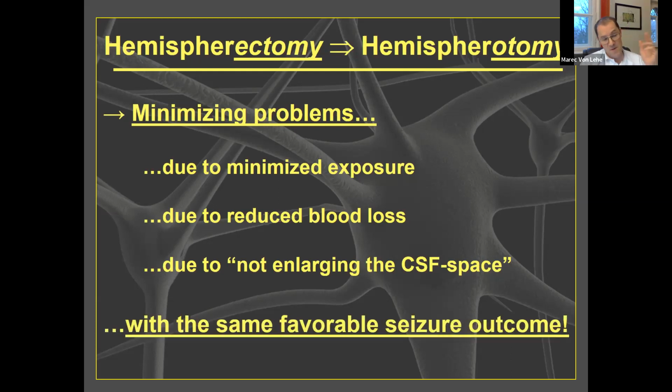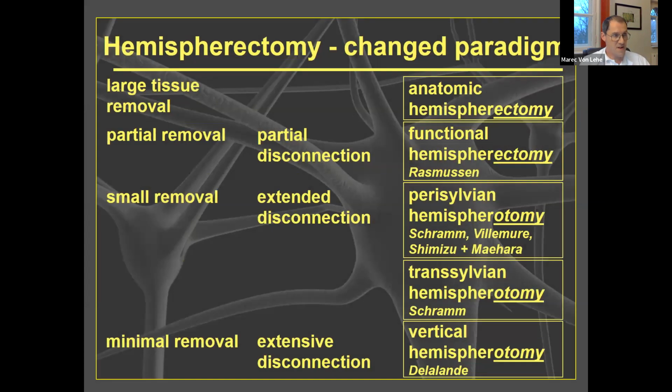But still, we have a very nice seizure outcome with these large resections. So the idea was to go back with resection and to disconnect more and more. Here we have just a few words about the large removal of tissue in the anatomic hemispherectomy, going through the different stages, the evolution of disconnection rather than resection. We will hear a bit more about the vertical hemispherotomy later.